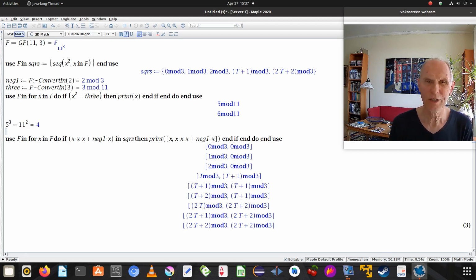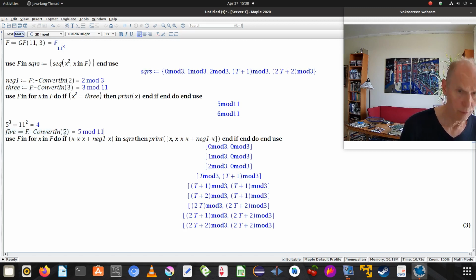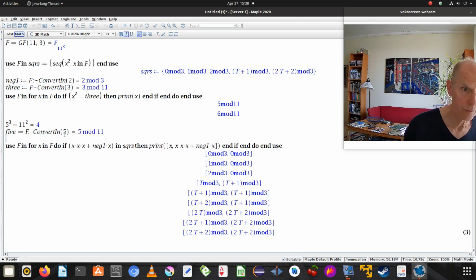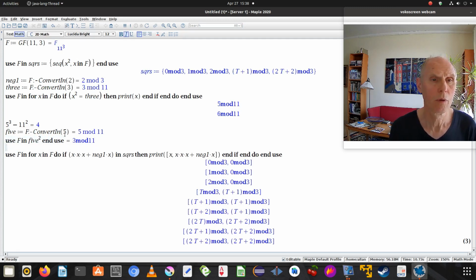That's very weird. It appears now that I didn't put it in the third power.